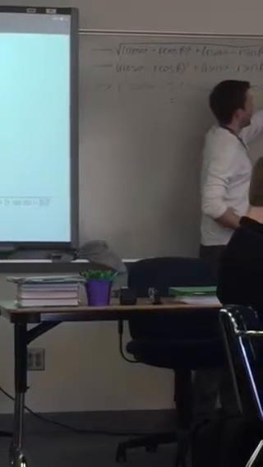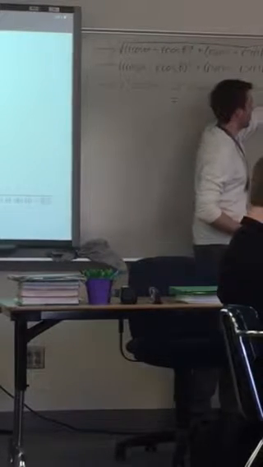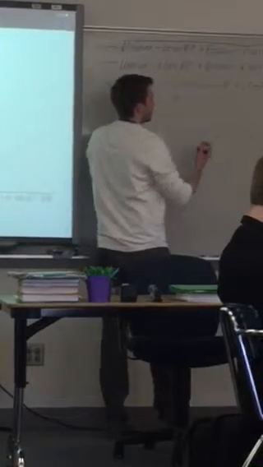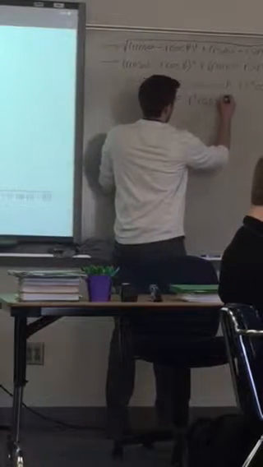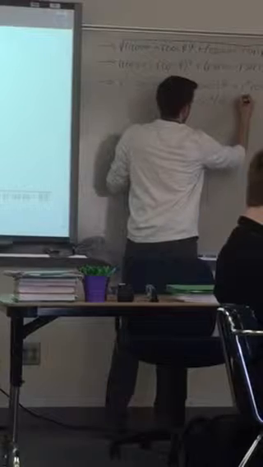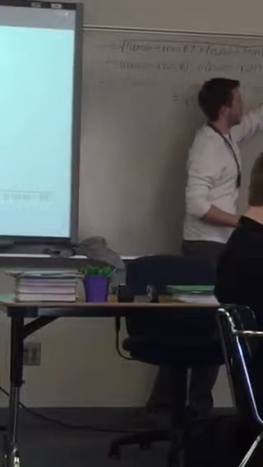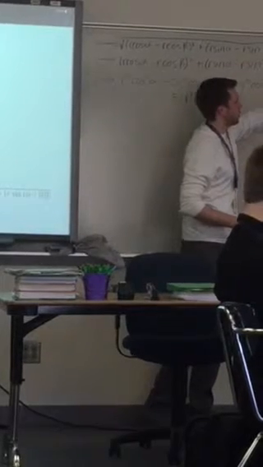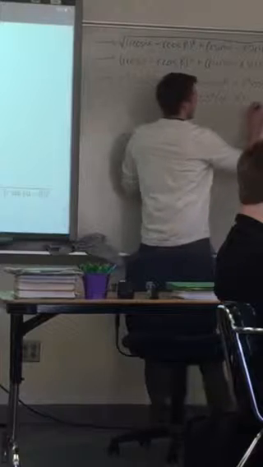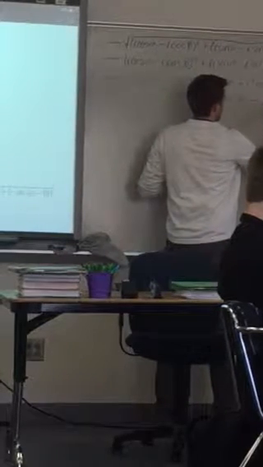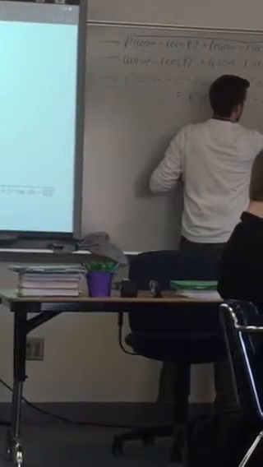This is also a binomial. So we multiply our first ones, r cosine alpha minus beta times r cosine alpha minus beta, r squared cosine squared alpha minus beta. Our middle terms, r cosine alpha minus beta times negative r times r cosine alpha minus beta gives you negative 2r squared cosine alpha minus beta.